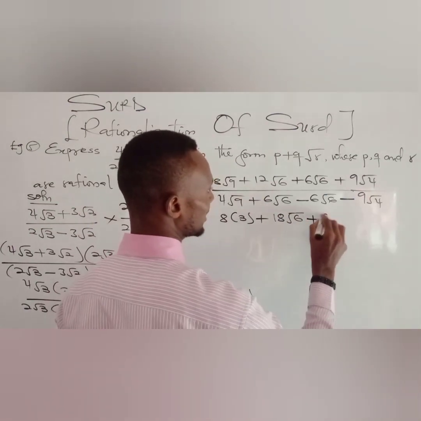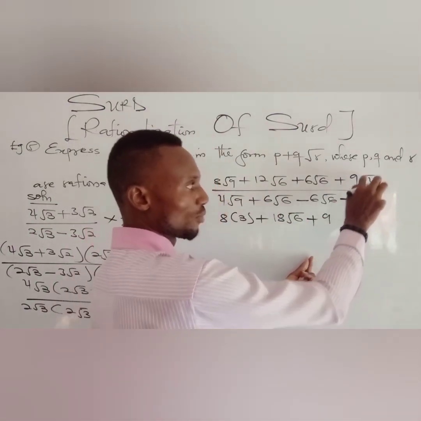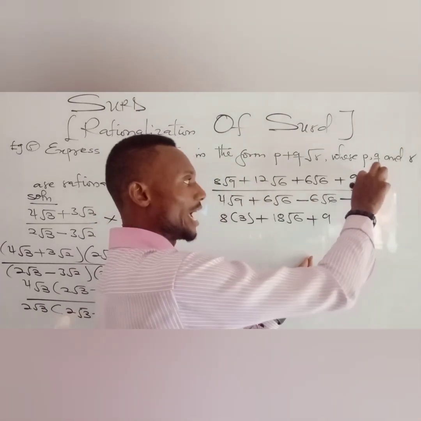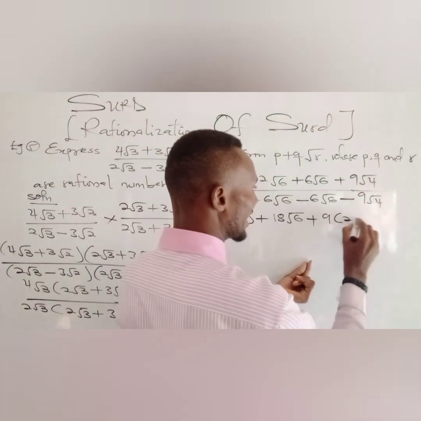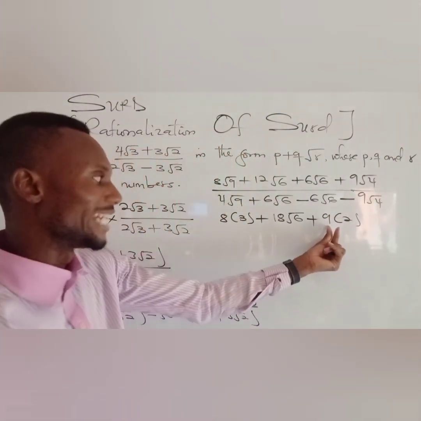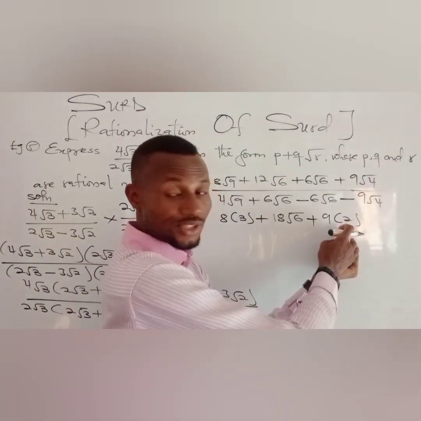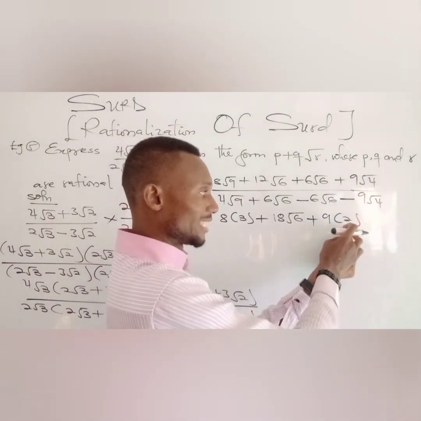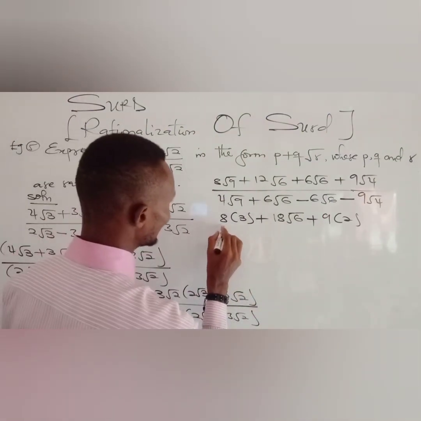So plus 9 times root 4. The 9 is multiplying the root 4, and the square root of 4 is 2. So you are going to get 9 into bracket 2, meaning 9 times 2, because the square root of 4 gives 2, which we've written here, and the 9 is multiplying it, all over the denominator.